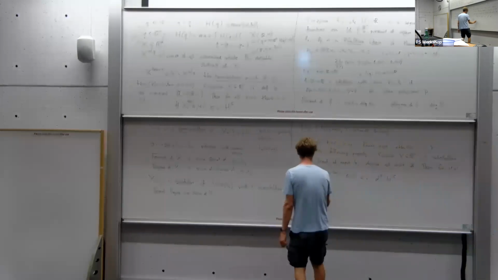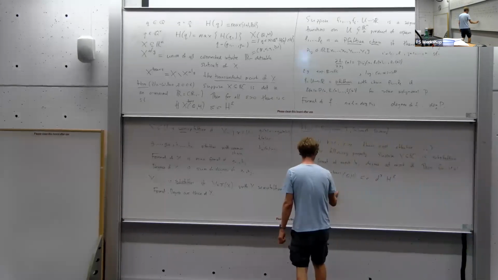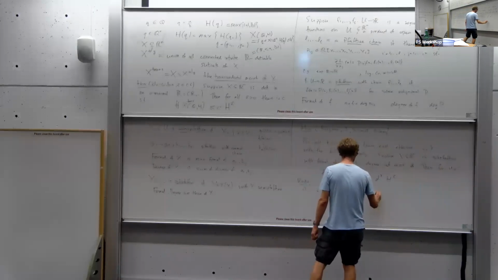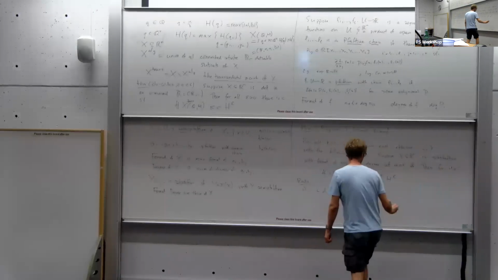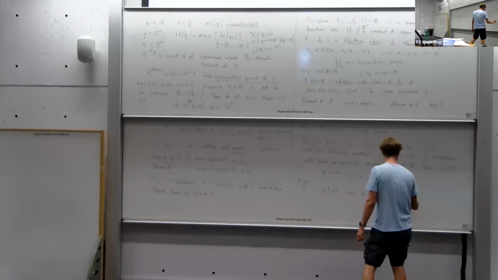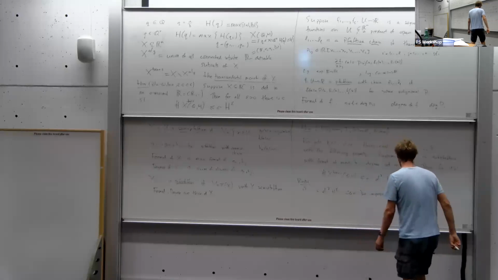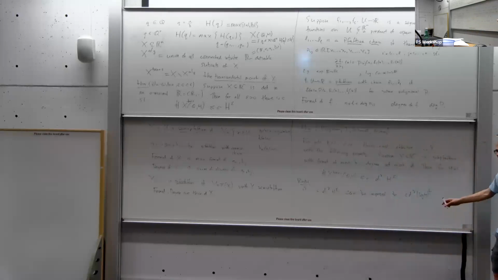So the C, D, epsilon can be improved to C, D to the gamma, log H to the L. So this here can be replaced with a log H.